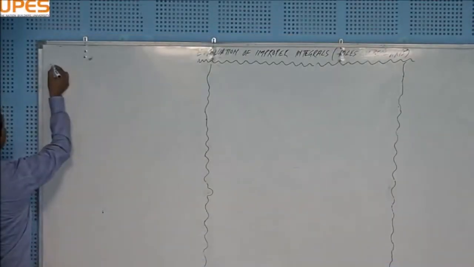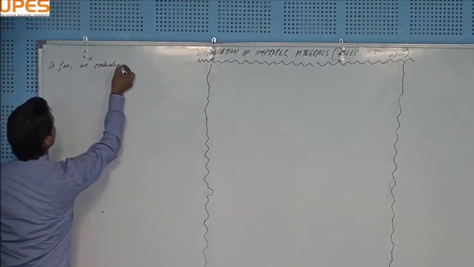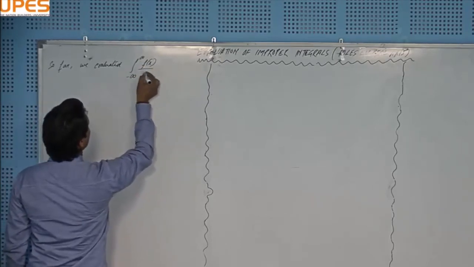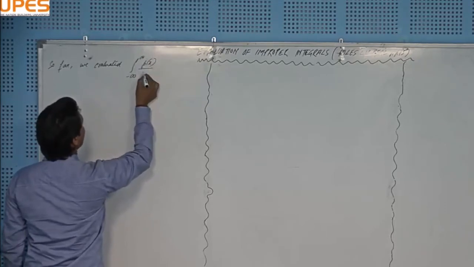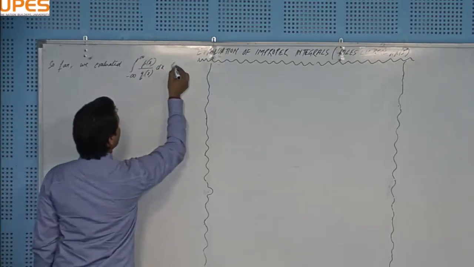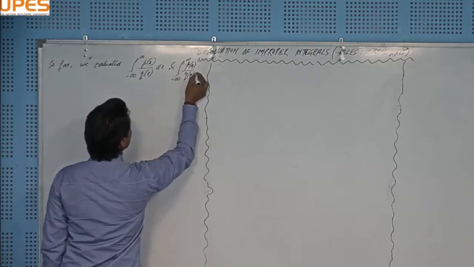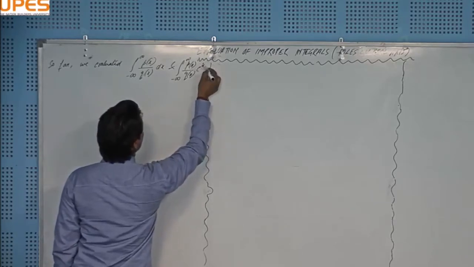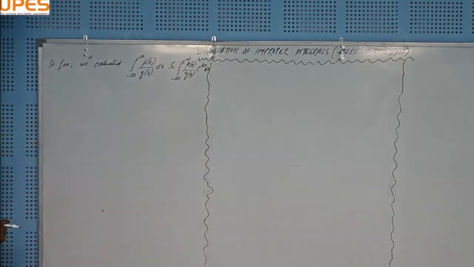So far we evaluated this kind of integration, minus infinity to infinity, p(x) over q(x) dx, and minus infinity to infinity, p(x) over q(x) e to the power i a x dx, right? So we have evaluated these two types of integrals with the help of residue theory, right?